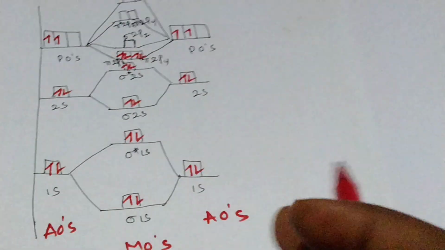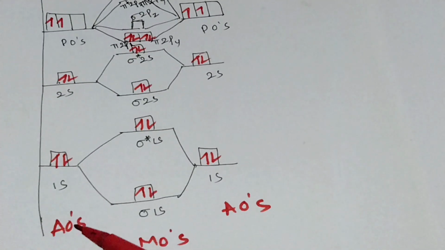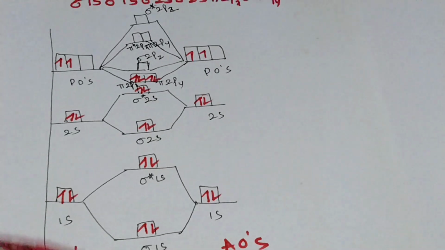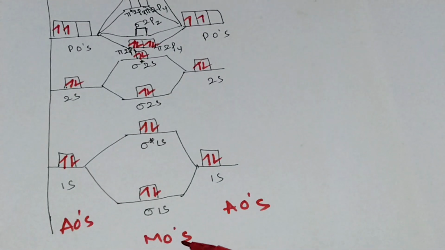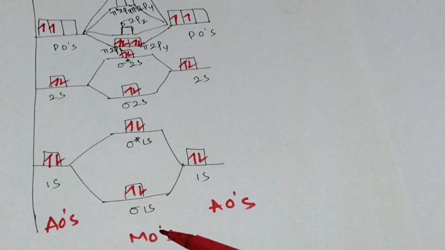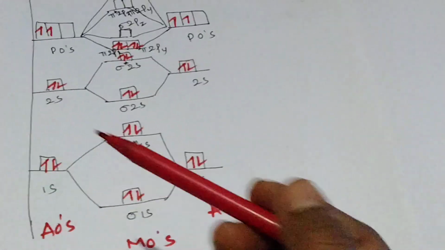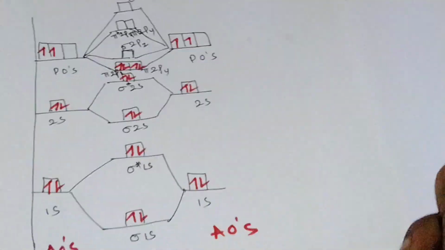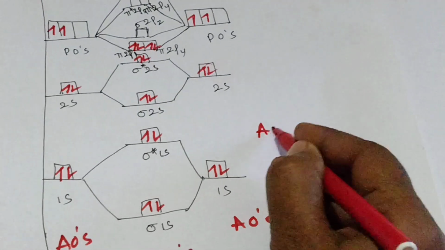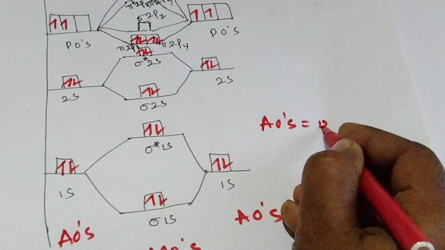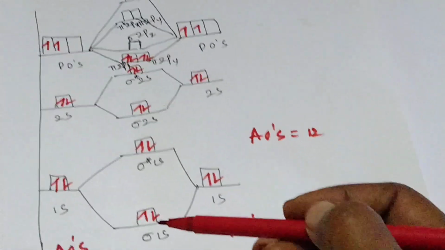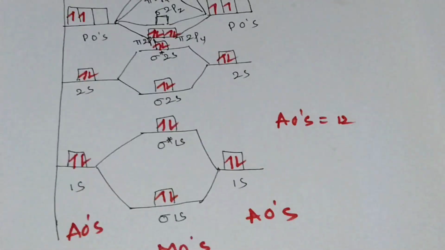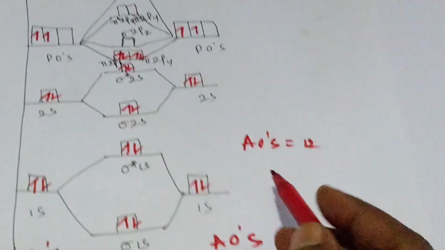Now we have to count the number of electrons; those in bonding and anti-bonding molecular orbitals must equal the atomic orbital electrons. Here 2, 4, 6, 8, 10, 12. In the atomic orbitals we have 12 electrons. So in the molecular orbitals 2, 4, 6, 8, 10, 12.